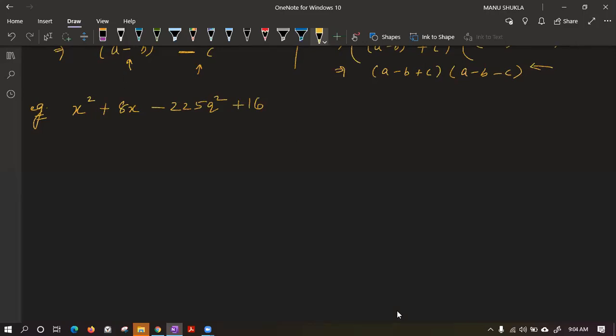Again, you have to think which way is proper for us. You can do interchanging of the terms to make it easy for yourself.